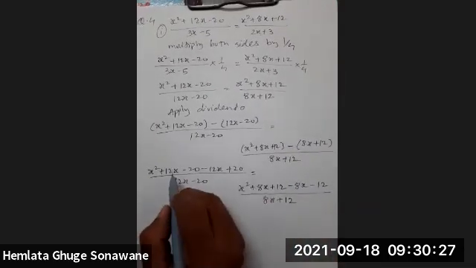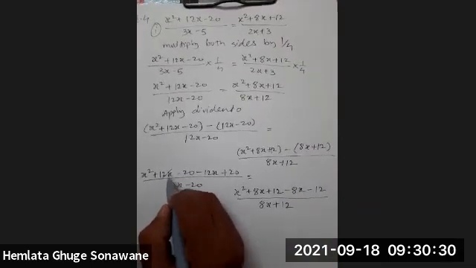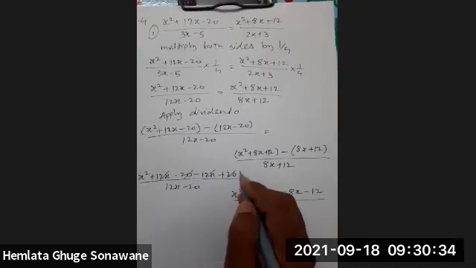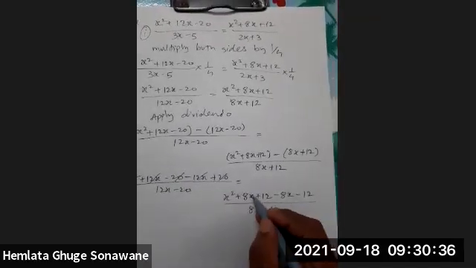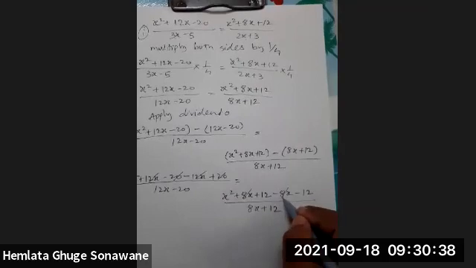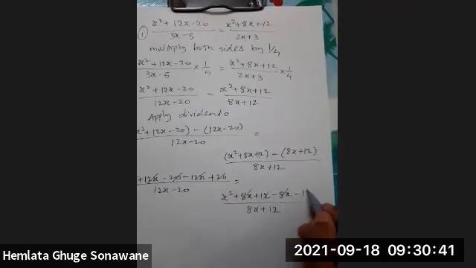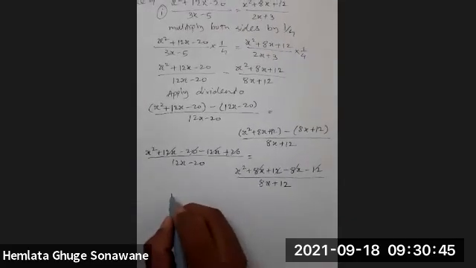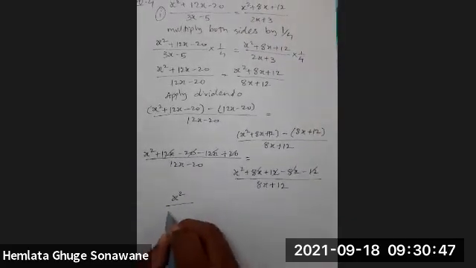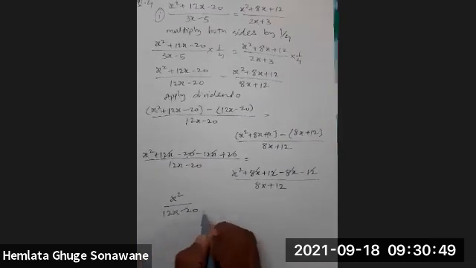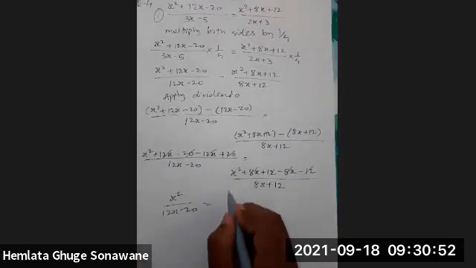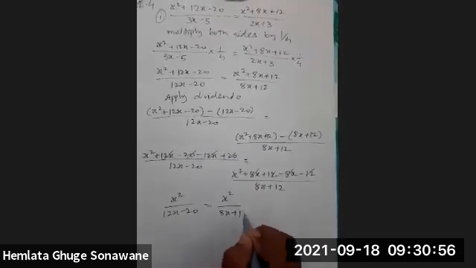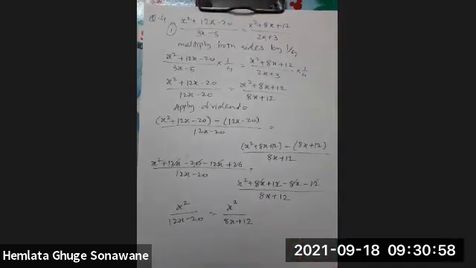Okay. Now here plus 12x minus 12x cancel, plus 20 minus 20 cancel. Here also plus 8x minus 8x and plus 12 and minus 12 get cancelled. So it becomes x square upon 12x minus 20 is equal to, here also x square remains, upon 8x plus 12. Okay.